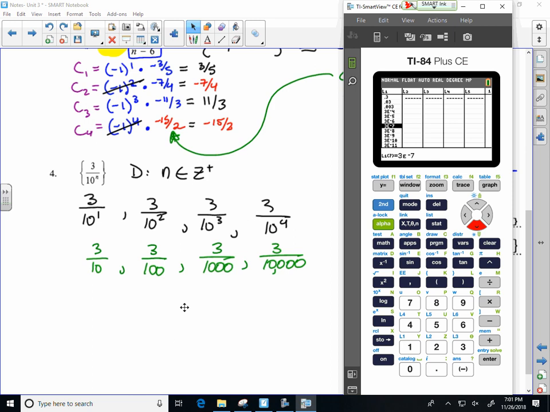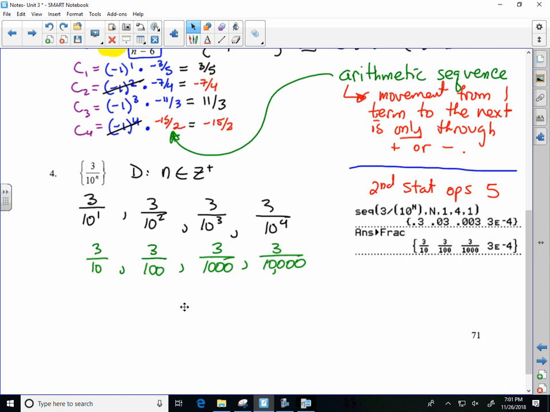Also, once you have a sense of this sort of thing, you don't really need to list out terms in order to figure out what the 20th value would be, because it's clear that it's going to be 3 over 10 to the 20th power, just based on the nature of it. What we will run into is the idea that maybe I want to add up those values. Maybe I want to add together the first 4 terms of the sequence.